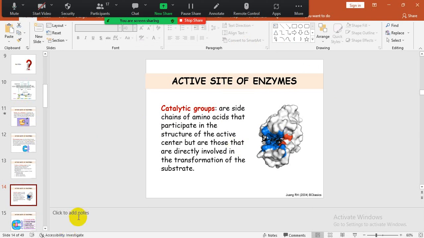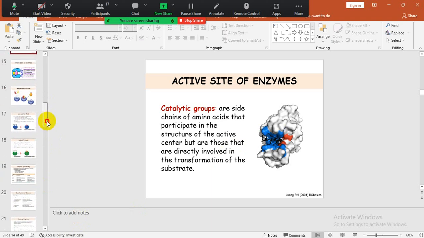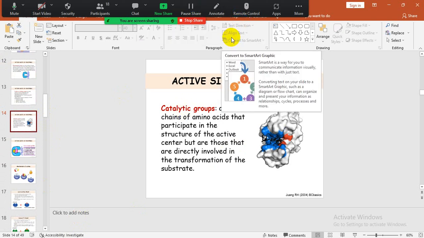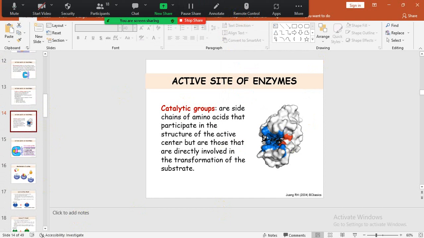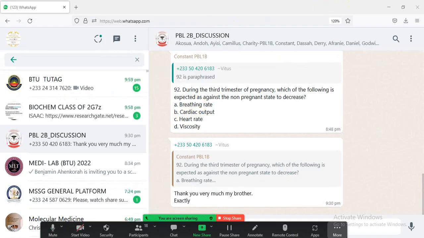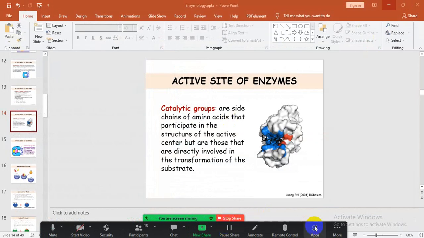The side chains of the amino acids bind to the substrate, and when they bind to the substrate, it ends up in a reaction that will lead to what? The product formation.